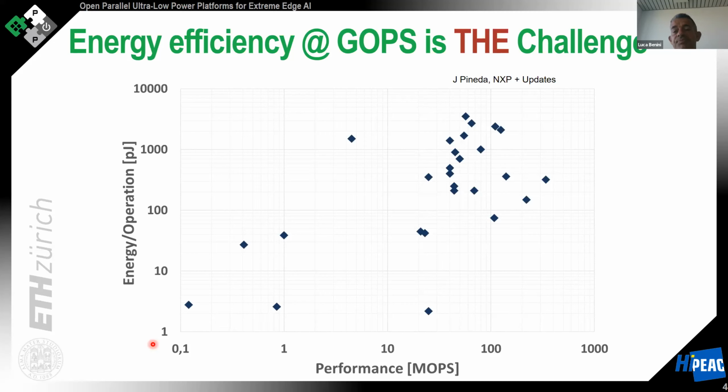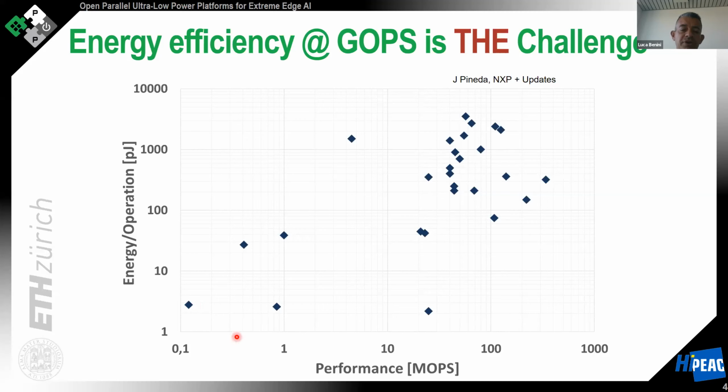On the other hand, the problem is that these platforms were not designed and were not capable of very large workloads. In fact, this plot shows a set of commercial and research microcontrollers collected a few years ago, but the picture has not changed a lot, on a performance versus energy per operation plot.